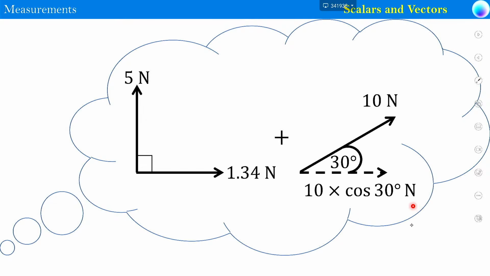And the vertical component r sin alpha, r is 10, so 10 sin alpha.